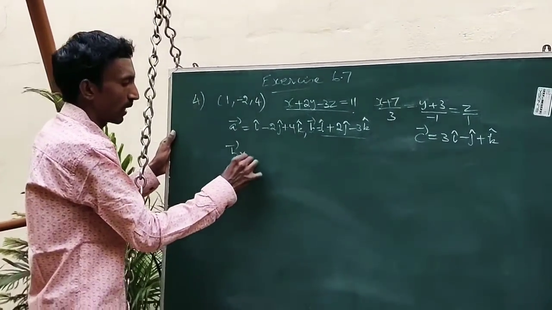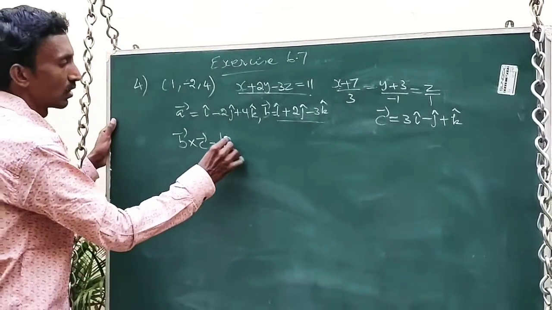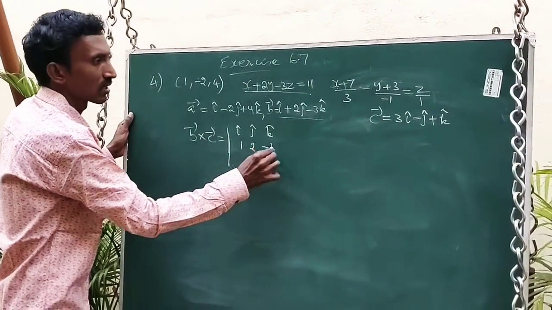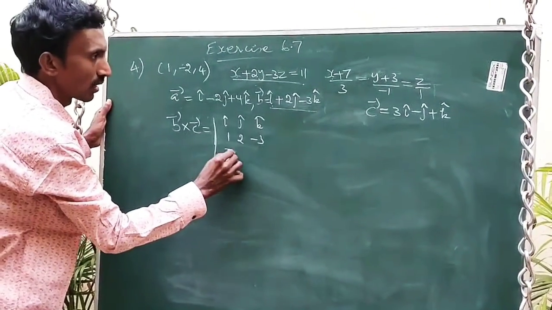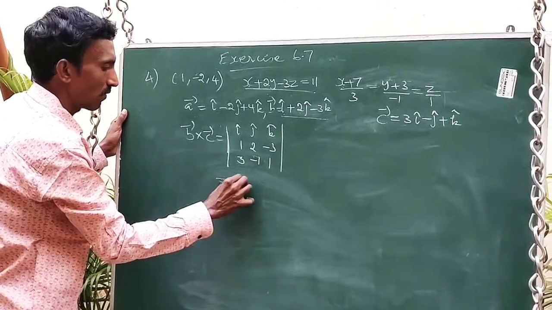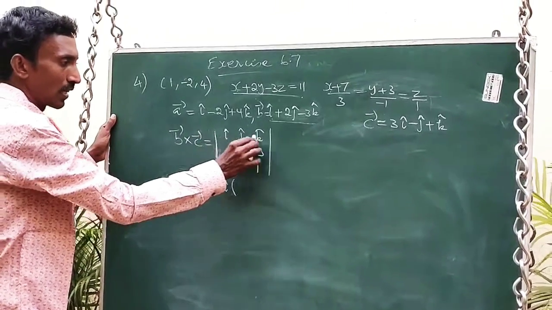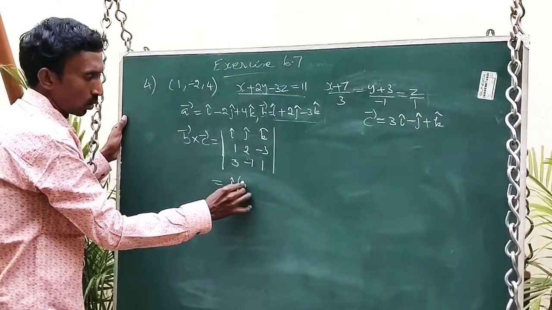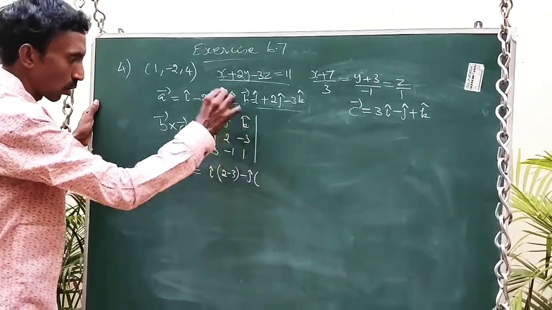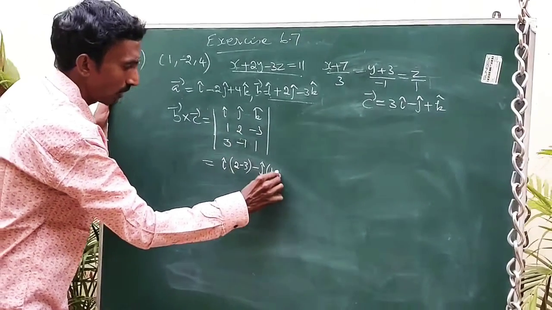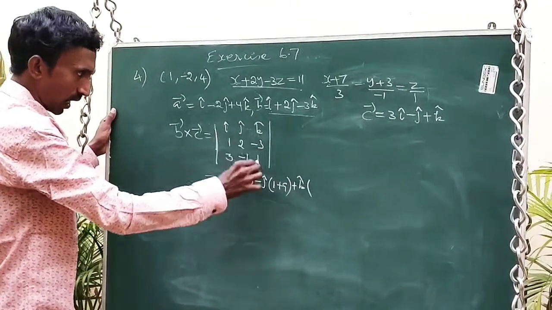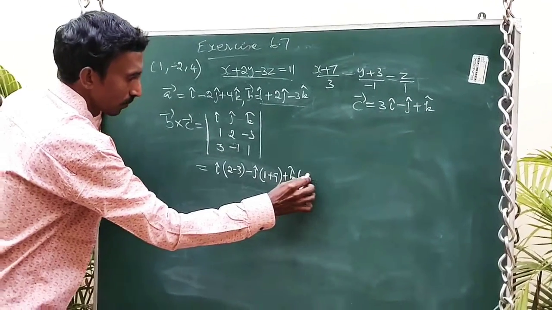So first, to find out b cross c using the determinant method. So component vectors i, j, k. So 1, 2, minus 3, common b, and the c, 3, minus 1, 1. So as usual, expand with respect to the first row. So delete that row and column: 2 minus 3, minus j into delete that row and column: 1 plus 9, plus k into delete that row and column: minus 1 minus 6.